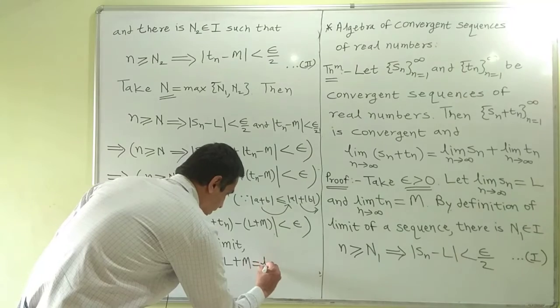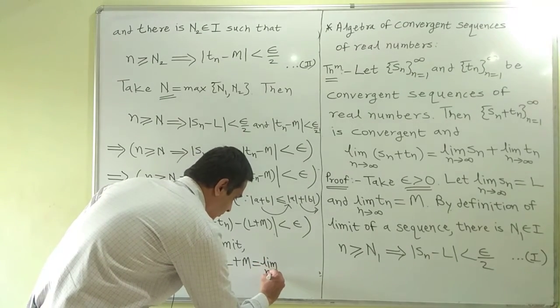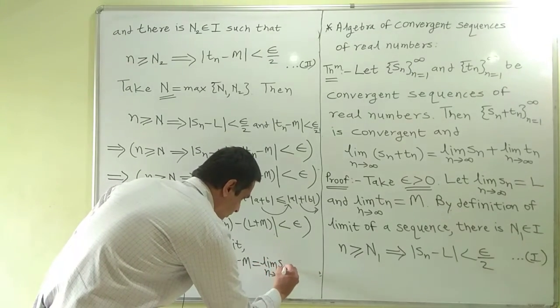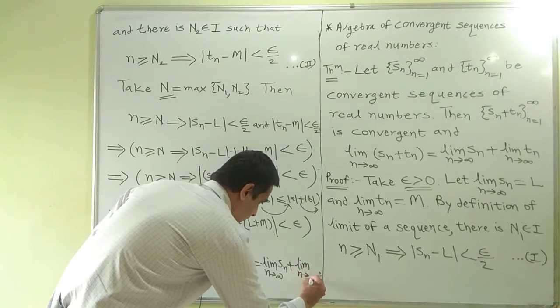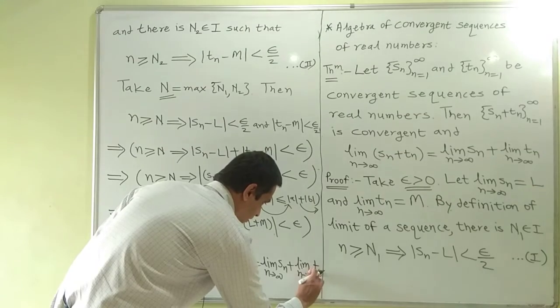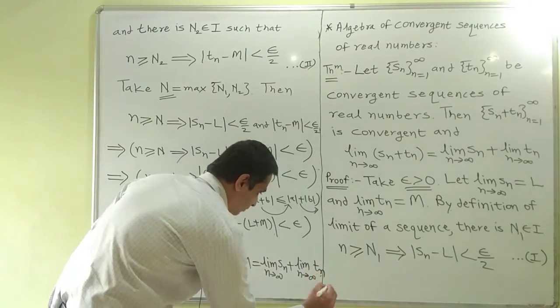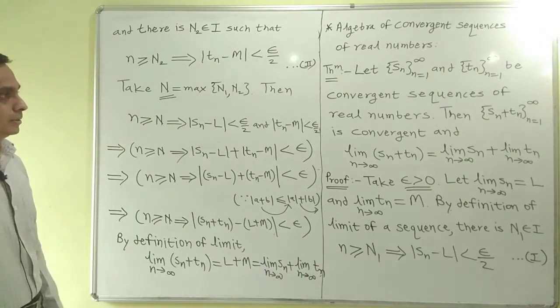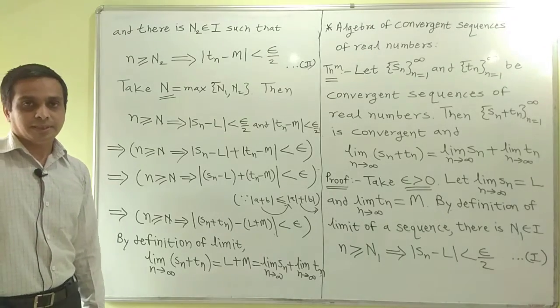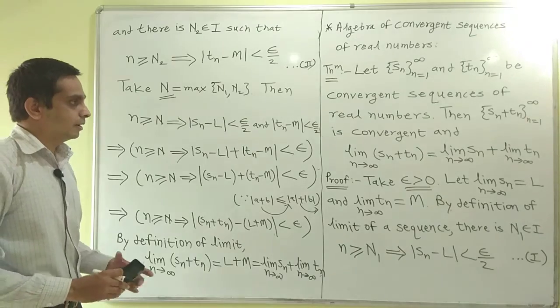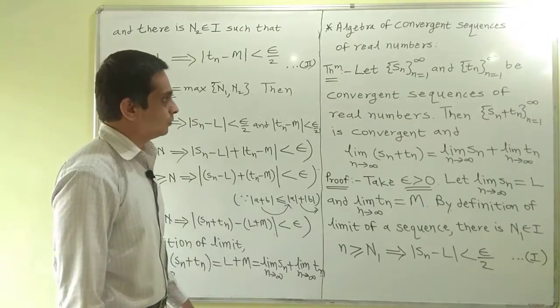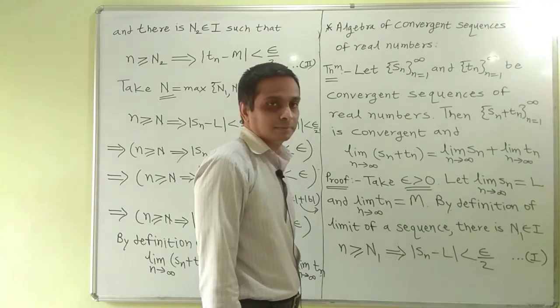So I can write this as limit of Sn plus limit of Tn. This completes the proof.